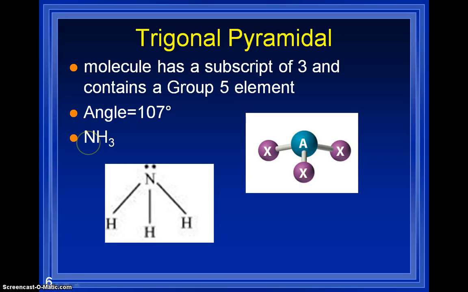Nitrogen is in group 5 and it has a subscript of 3, so you can identify it as trigonal pyramidal. The angles between these bonds are 107 degrees. This is the Lewis structure for ammonia. You have a hydrogen pairing here, here, and here, and then you have the single unpaired electrons up here, repelling these down away from it in the opposite direction, creating this pyramidal shape.